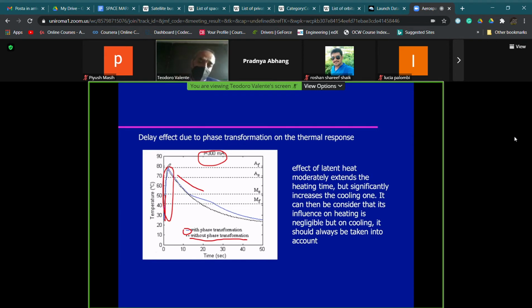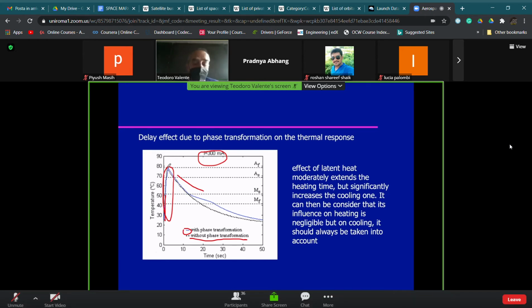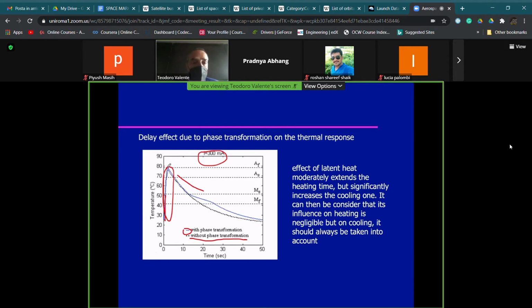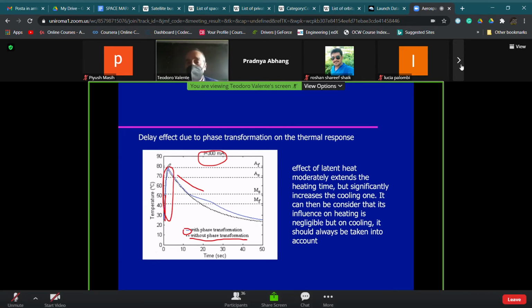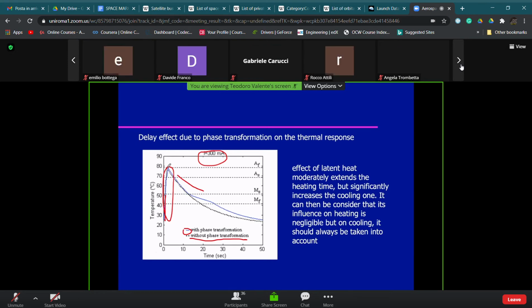So if you want to be a little bit more precise, just use the effects of latent heat of transformation when you are going to model the cooling phase, that is the decrease of temperature, both in case of free convection or in case of forced convection. But at an overall approach, in this case, if we neglect in both cases heating and cooling the effect of latent heat of transformation, we are not making very high errors. This is the meaning of these results.